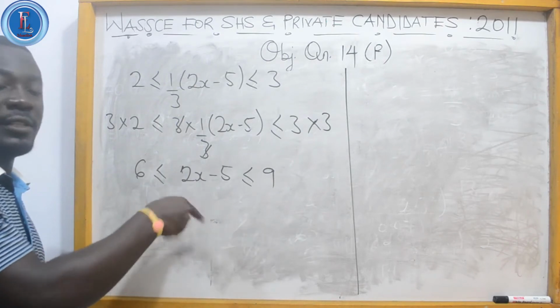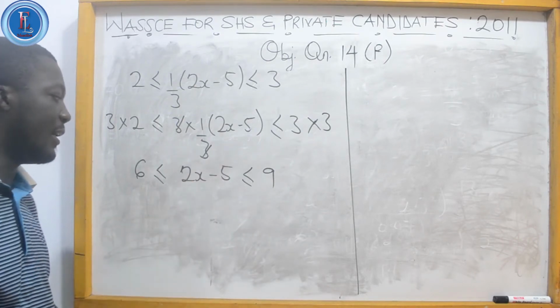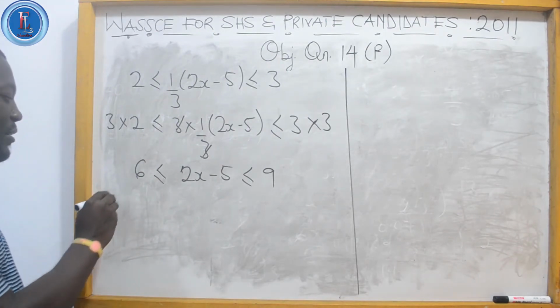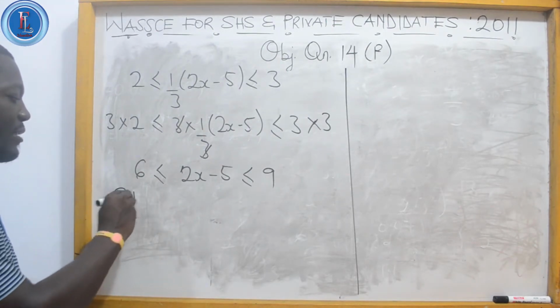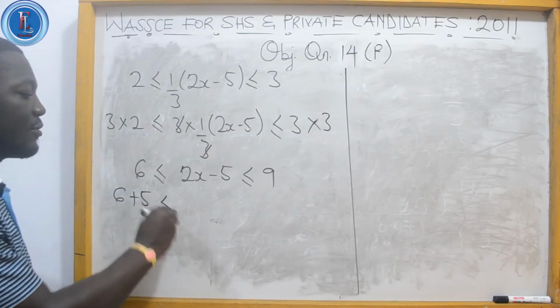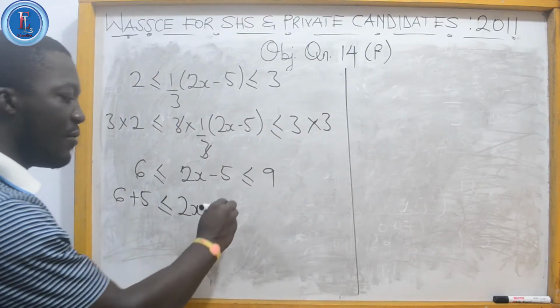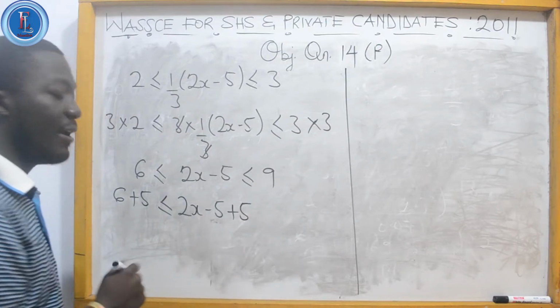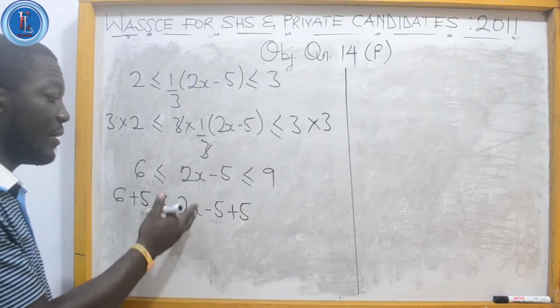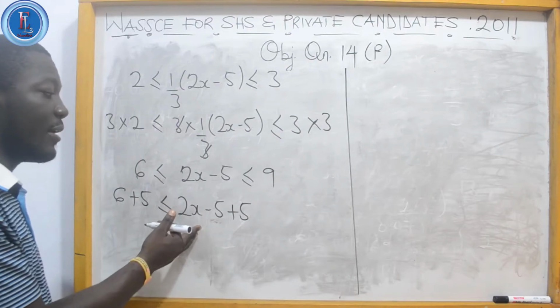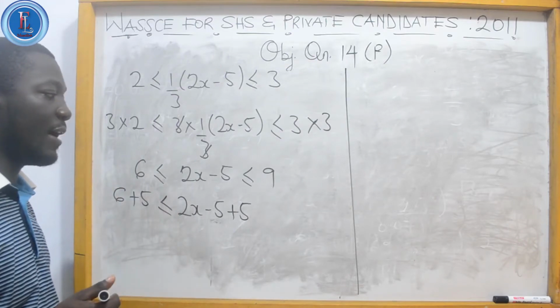So we add positive 5 to all the sides. That means we will get 6 plus 5 here, less or equal to 2x minus 5. When you add the 5 to this, it will give you 0, meaning we have gotten rid of the 5.